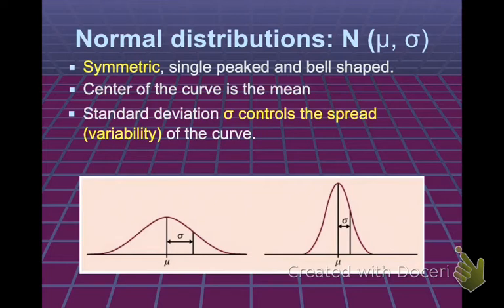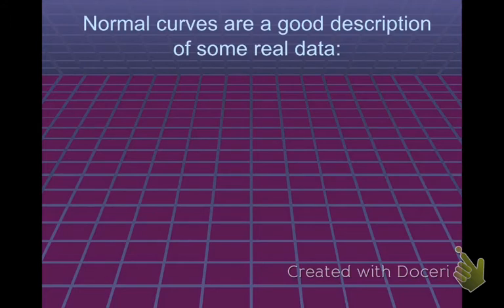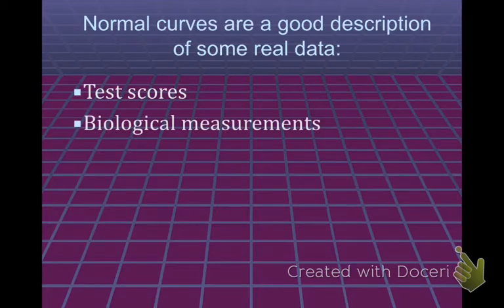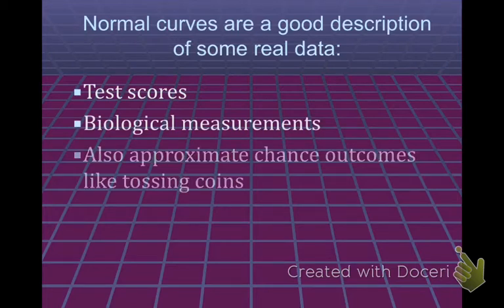We can use normal distributions to talk about real data. So again, the pandemic is an example as we talk about people catching the virus and then being hospitalized. Test scores are often under a normal curve. Biological measurements, height, things like that are a normal distribution.